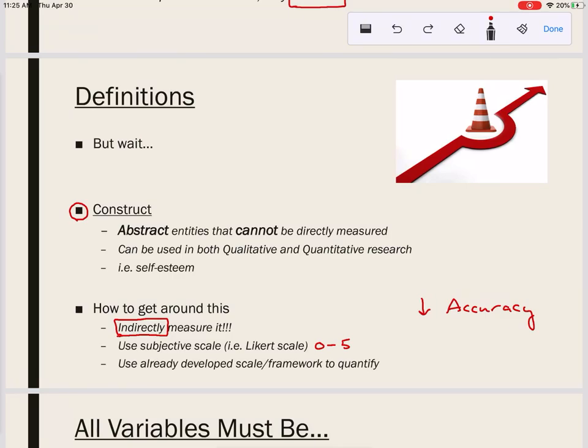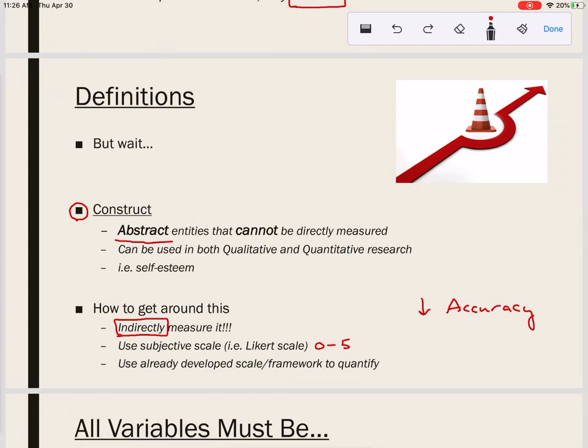Or you can use an already developed quantified scale. So there's all sorts of scales out there for abstract entities. The such and such scale of self-esteem. And those will increase the accuracy and validity a little bit. But still, anytime that we're measuring something indirectly, it lowers the accuracy.